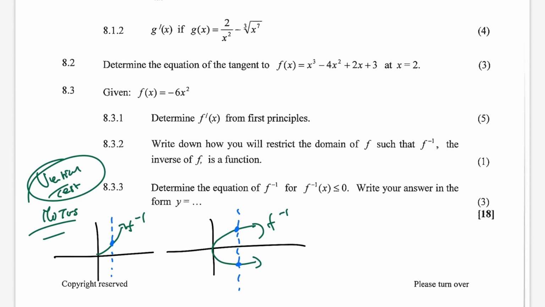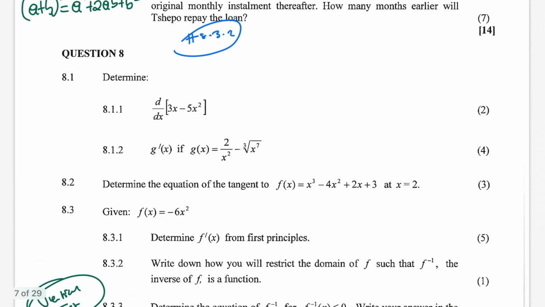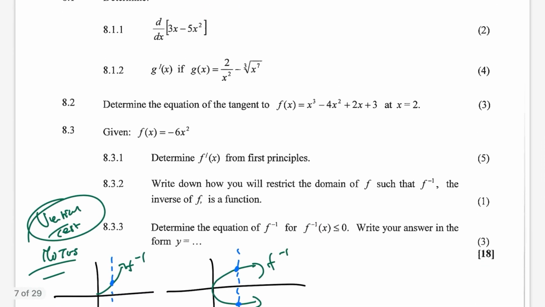So now, with this knowledge of the vertical test, we are able to draw this function here. Let me draw it for you.